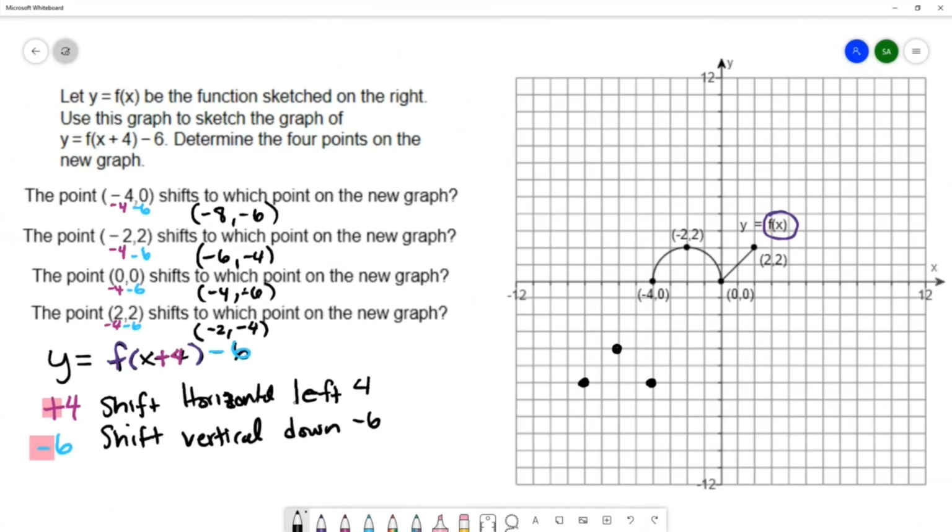And (-2, -4) would be here. And I can sketch the graph. We have the semicircle here and a straight line here. So we've been able to take our graph and shift all of the points to the left 4 and down 6.